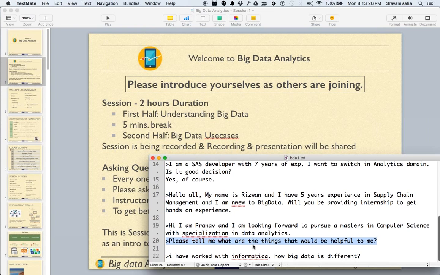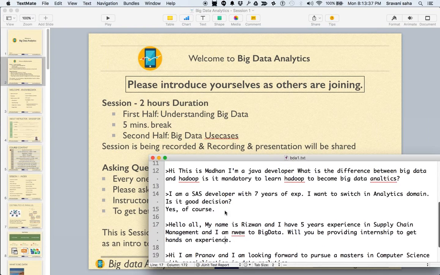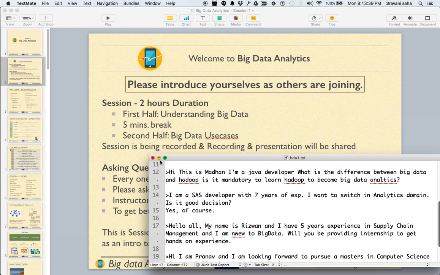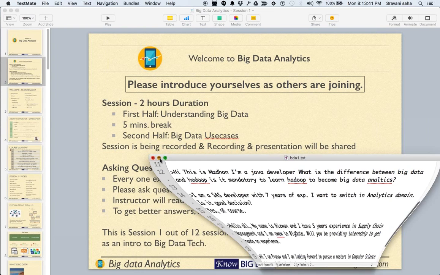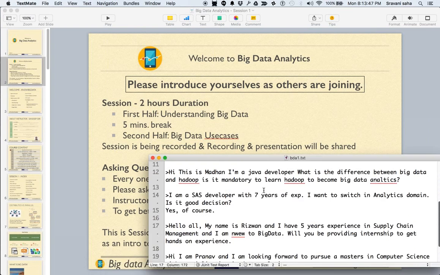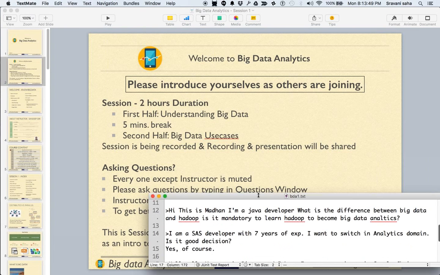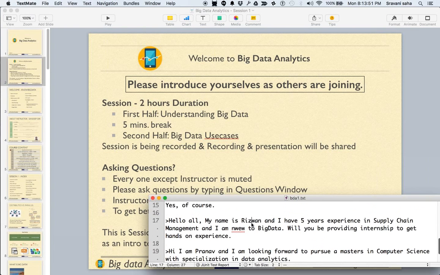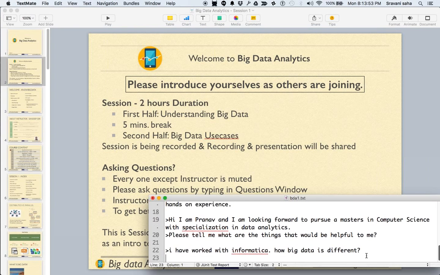Pranav's follow-up question is, please tell me what are the things that would be helpful for you. So this session is definitely helpful for you, Pranav. This session is going to take you through the different aspects of big data, why we are talking about it now, what are the things that have changed, and how the software changes as the data grows. Because as the data grows, the software of course changes.